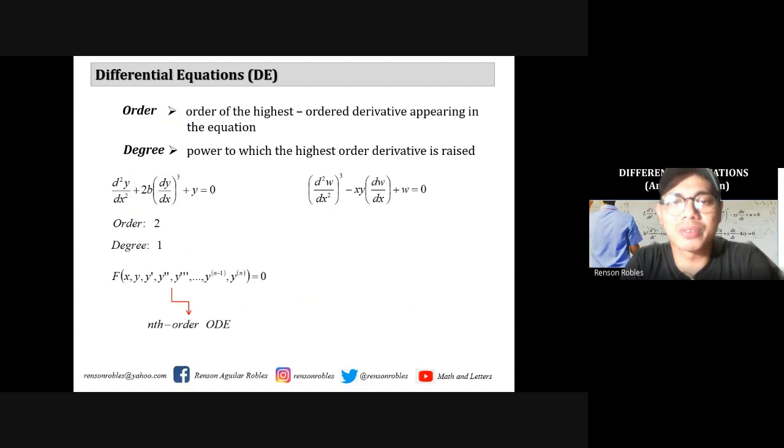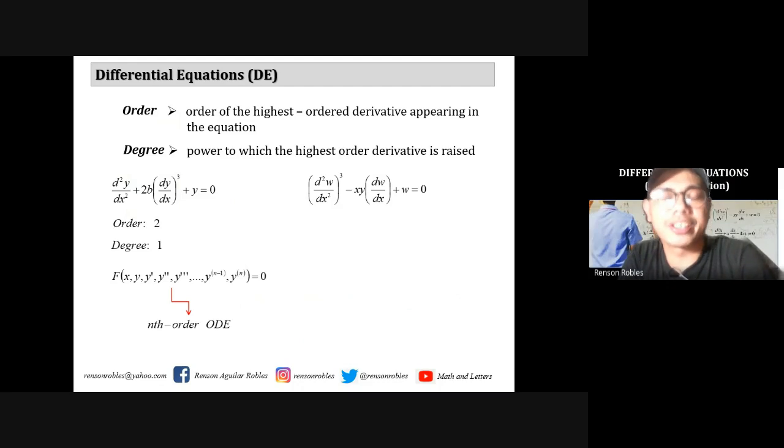You have the quantity d squared w over dx squared, cubed, minus xy dw dx plus w equals 0. What do you see? You have a second derivative of w with respect to x and the first derivative of w with respect to x.